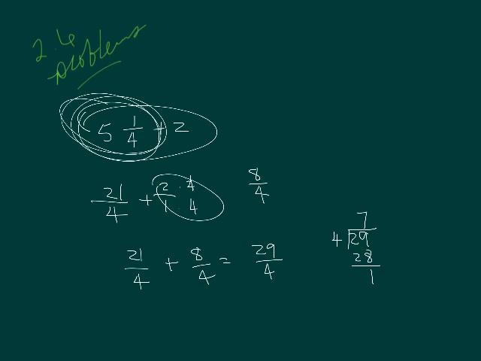Bring down the 1. Alright, so our remainder is 1, and we put it over the 4. So 7 and 1/4 dollars, which makes sense from over here because it says we've got 5 and 1/4 and we're adding 2, we should get 7 1/4. So that's the method for doing number 28 there. And that's it for 2.6.